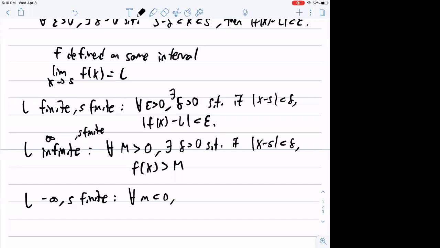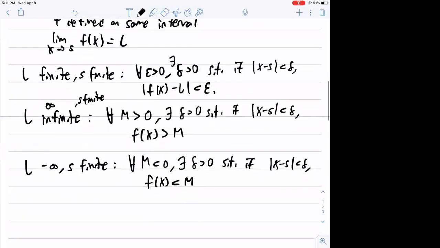So for any M, there exists delta greater than 0 such that if |x minus s| is less than delta, f of x is smaller than M, right? Hopefully that's clear. To be at negative infinity, you just keep going down, right?